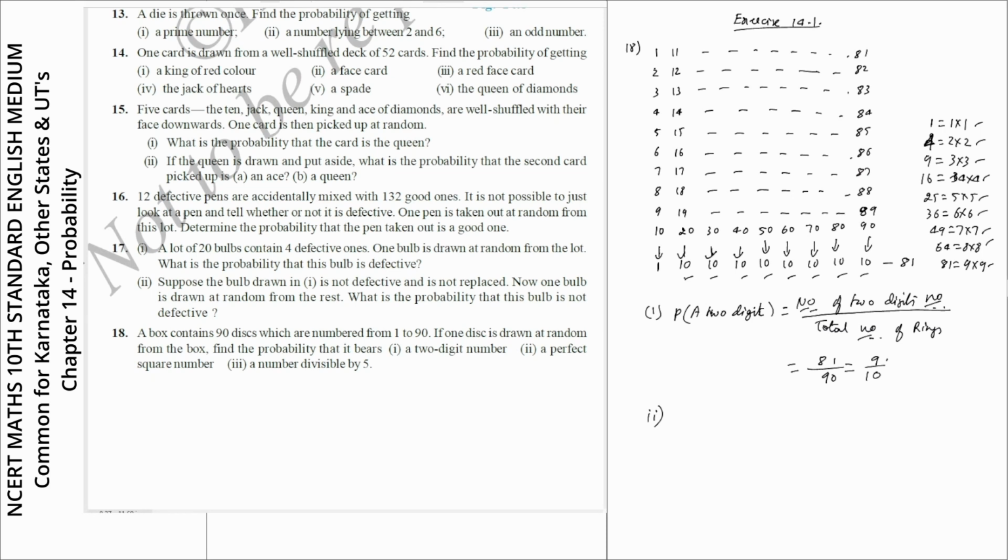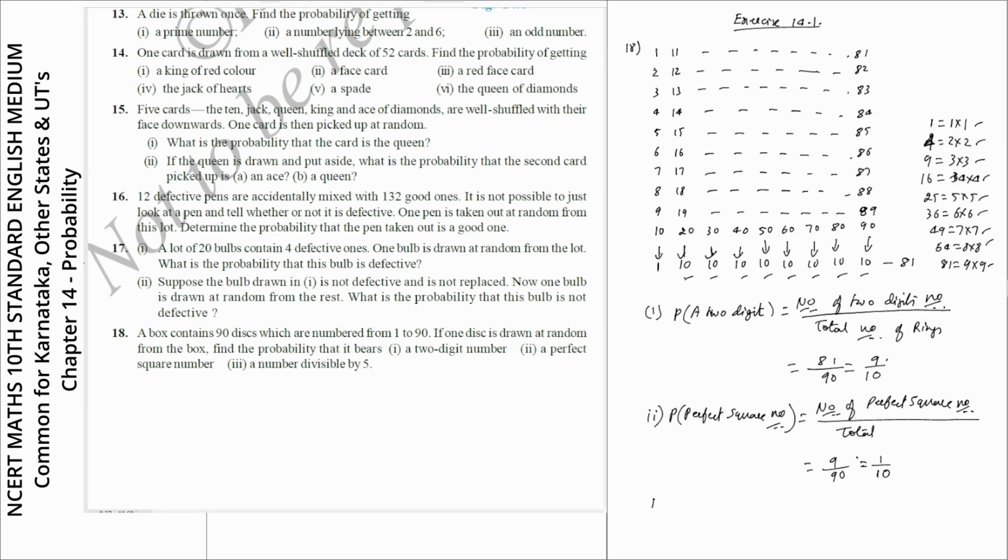Therefore the probability that I get a perfect square number is equal to the number of perfect square numbers divided by the total number of discs. The number of perfect squares is 9, and the total number of discs is 90. So this is 1 by 10. 9 ones are 9, 9 tens are 90.